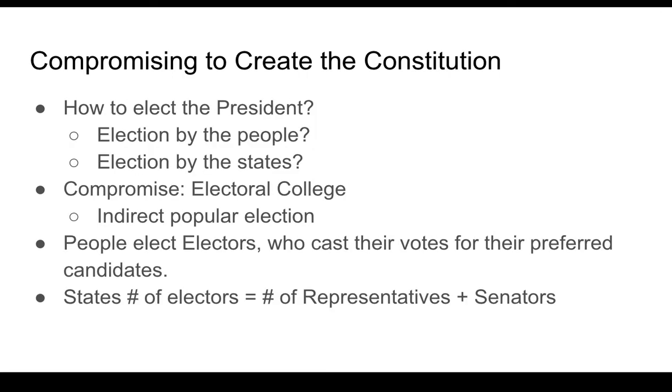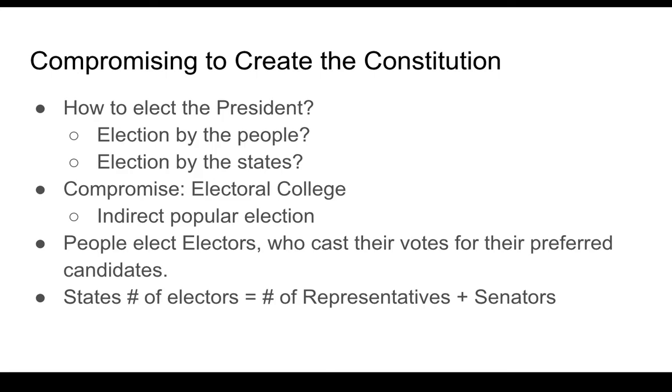Another major debate was how to elect the president, again, this debate over popular will versus states' powers. And so the compromise was what we call the Electoral College, which you might hear a lot about in the news today. In the last presidential election, President Trump won the Electoral College without winning the popular vote, and so many people advocate for the abolishment of the Electoral College.